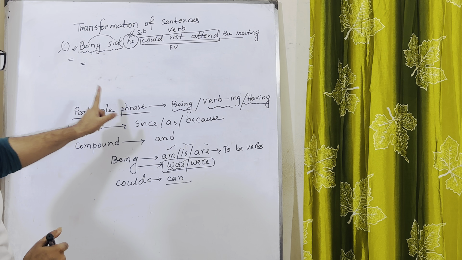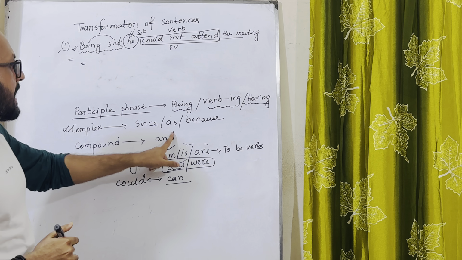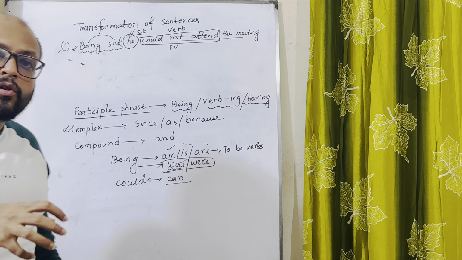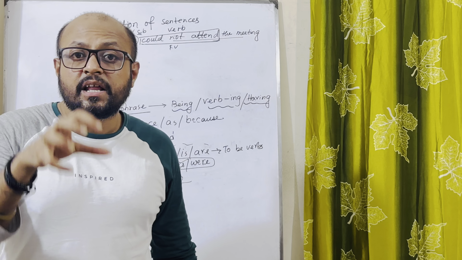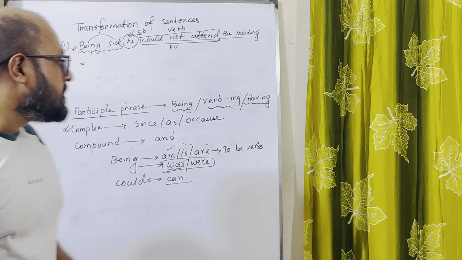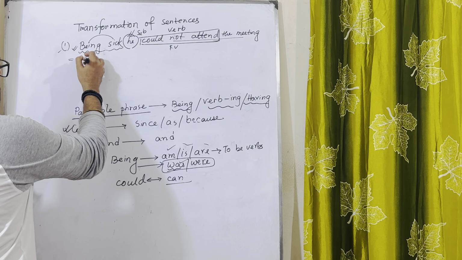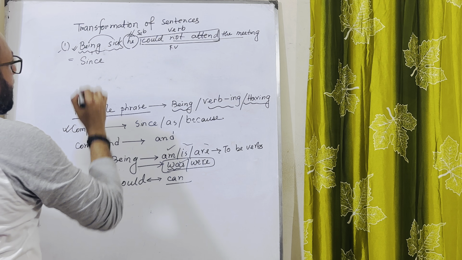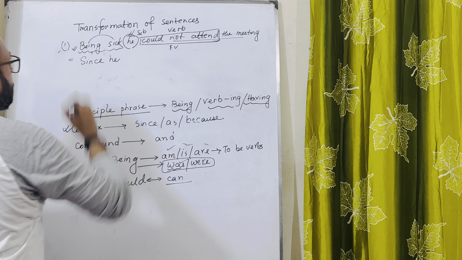For a participle phrase, we will use since, as or because as our clause marker, and this clause marker always sits at the beginning of the subordinate clause. So we will start with our subordinate clause, and my clause marker will be since, and then the subject he.